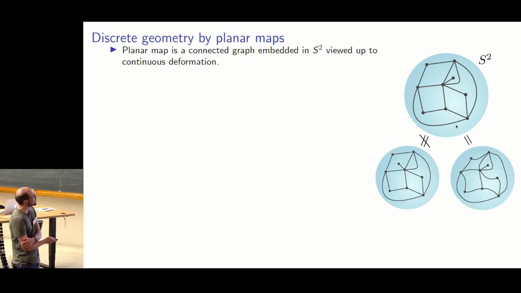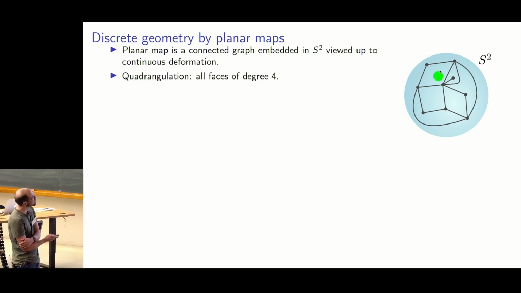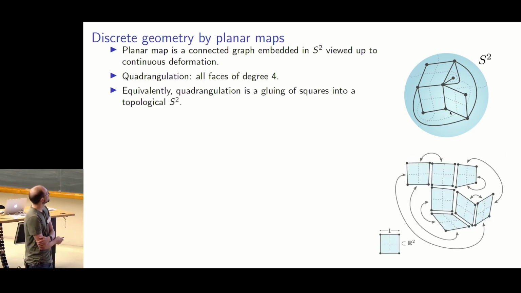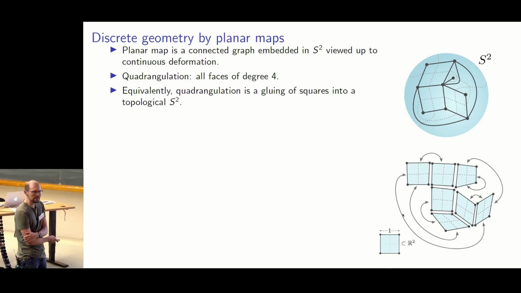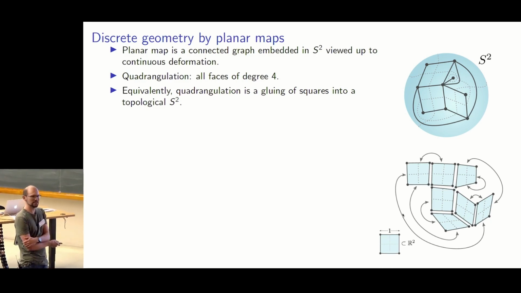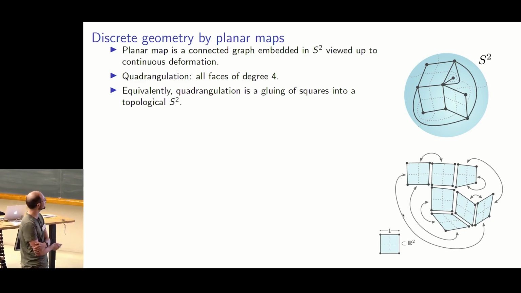I will mainly look at quadrangulations, so maps with faces of degree 4. Sometimes it's useful, especially coming from a physics background, to think of these as gluing prescriptions of little unit squares in the Euclidean plane to turn it into a piecewise linear manifold, although rarely do we actually use this perspective.